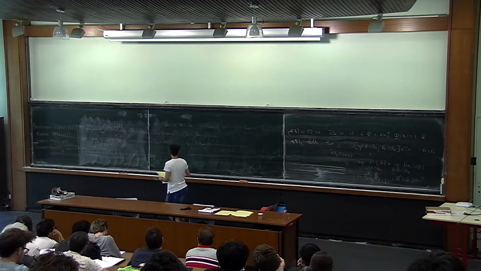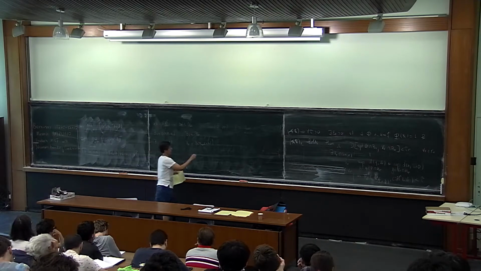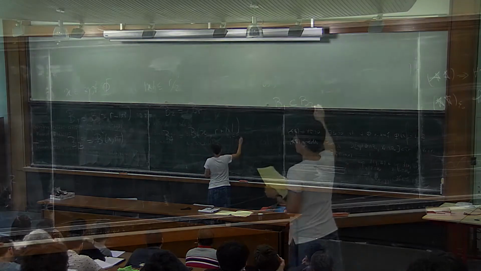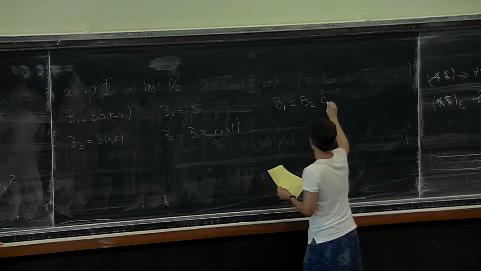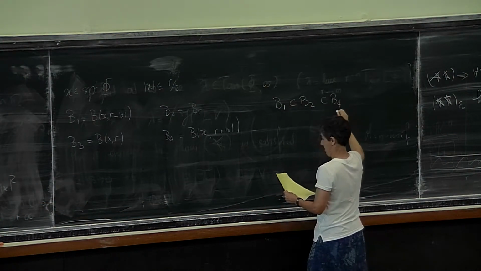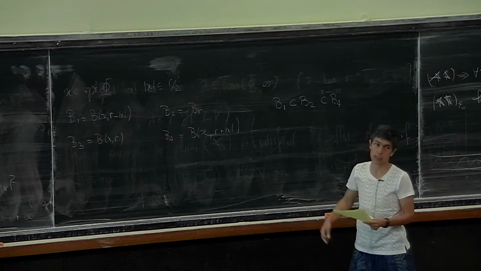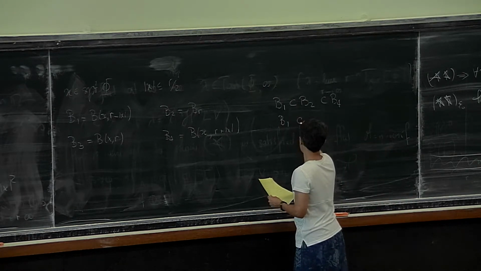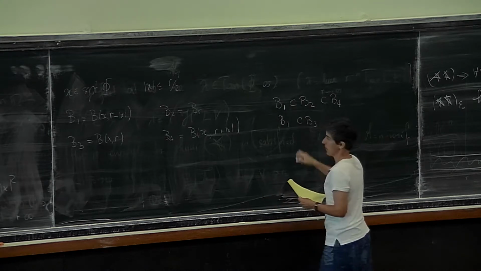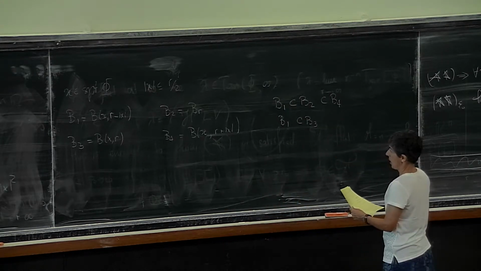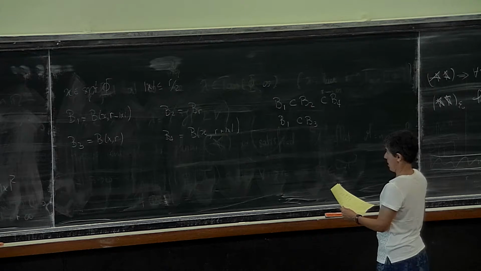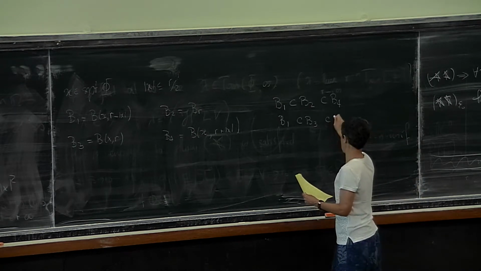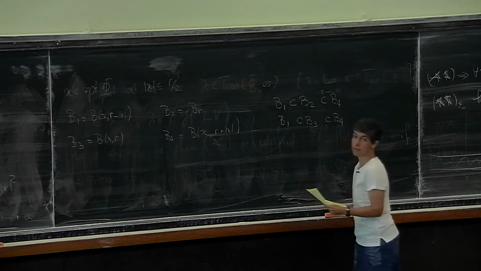B1 is included in B2, okay? And B2 is included in B4. And B1 is also included in B3, if I'm not mistaken. Yeah, that's obvious, and B3 is included in B4.